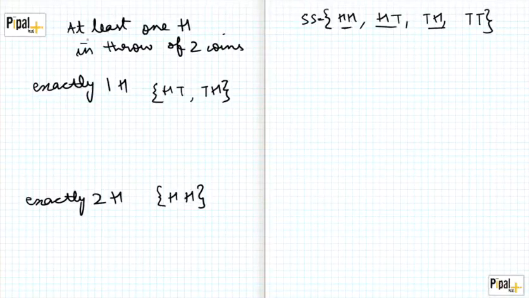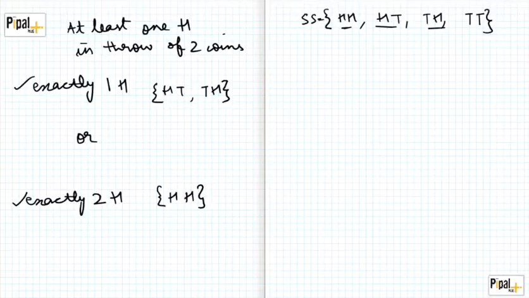Because this is at least one head, it is going to be a combination of these two, right? Because you can either have exactly one head or you can have exactly 2 heads, which means the total number of favorable outcomes for this event is 1, 2 and 3.